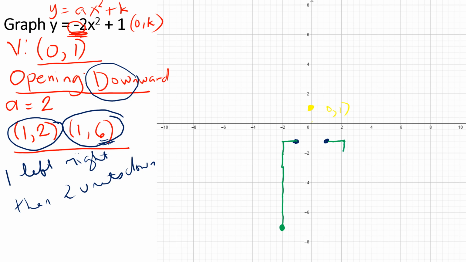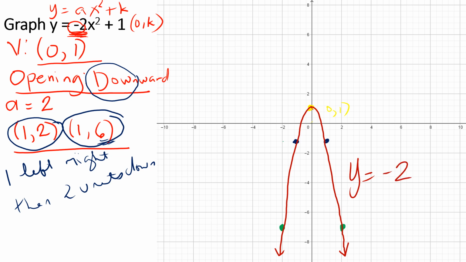Actually, magkatapat lang sila. So pwedeng itapat na lang natin yun. Tapos burahin na natin yung lines. Yan. After that, we can now draw your smooth curve. At ito na po yung graph ng y is equal to negative 2x squared plus 1.